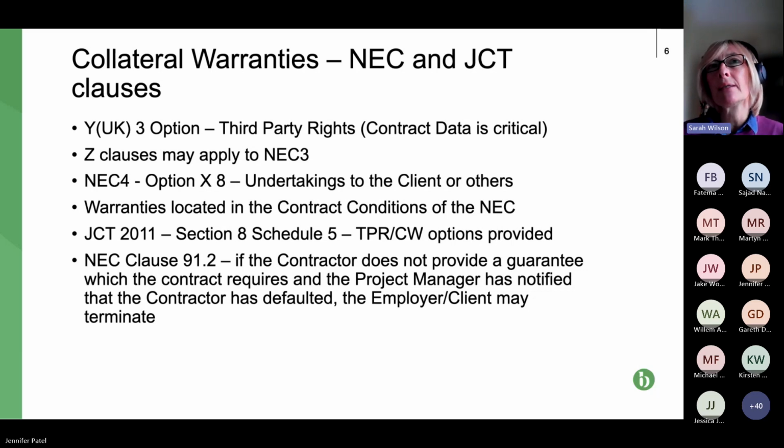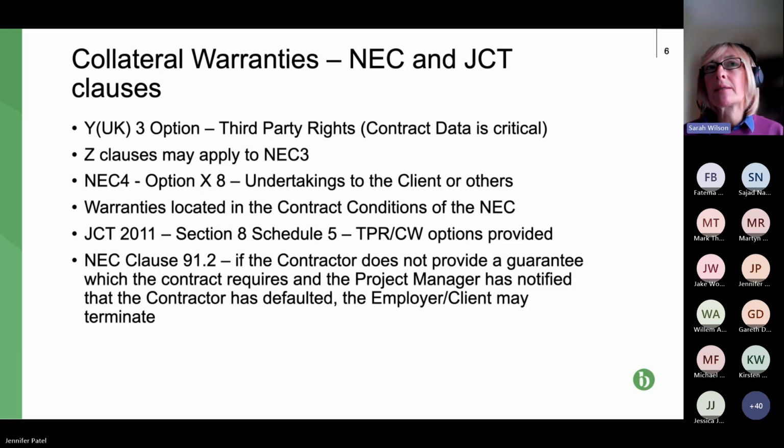So third-party rights is basically an act of parliament that was introduced. Can't remember the year, but it was quite a long time ago. The idea was that the parties in the contract state which are the third parties to benefit. And the idea is that you then don't have to have these extra contracts, these collateral warranties.